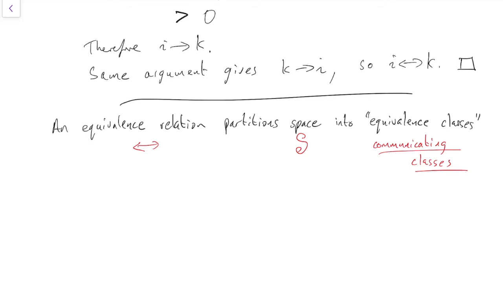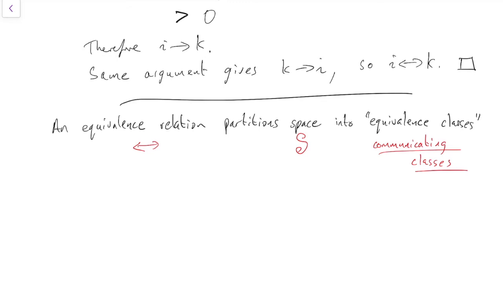So what that means is that if we put together a bunch of states that all communicate with each other, we get a communicating class. And every state is in exactly one communicating class. It's not in 0, not in 2, not in 3, it's in exactly 1. And those communicating classes are what we get when we bunch together all the states that communicate with each other.